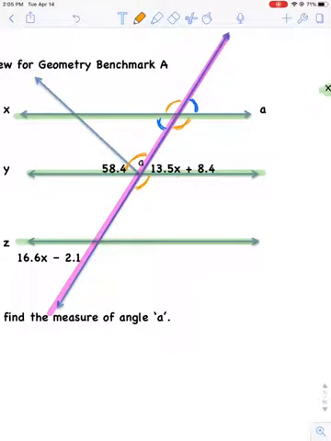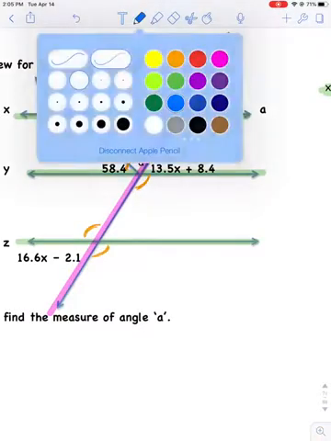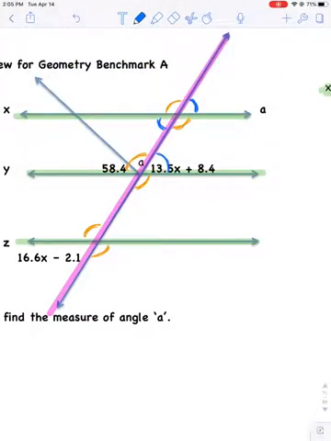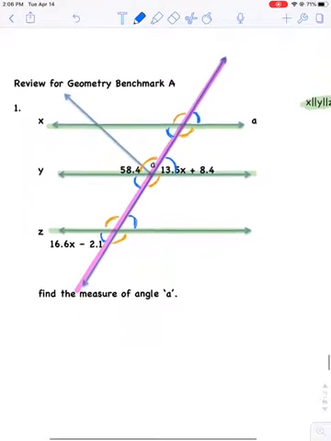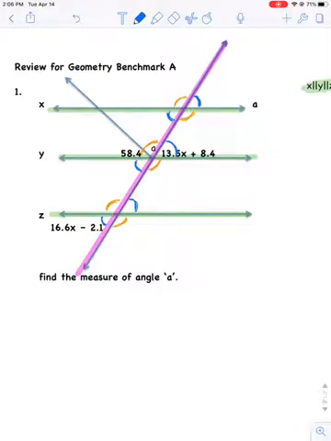This and this will also be the same as those other two orange angles, as well as this and this. And then the blue angles work the same way. This angle and this angle will be congruent. So all of the blue angles on the page will be congruent and all of the orange angles on the page will be congruent.